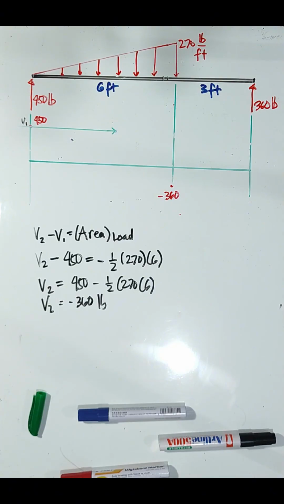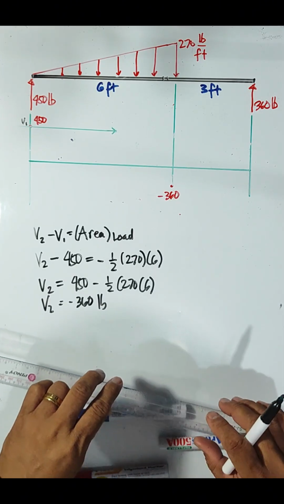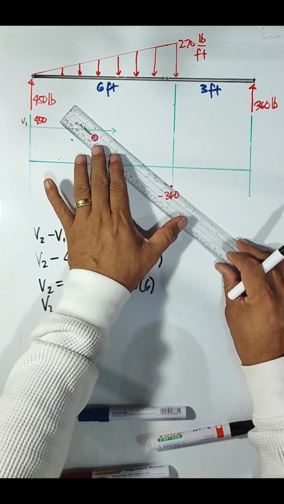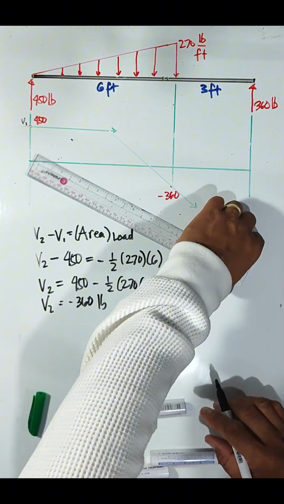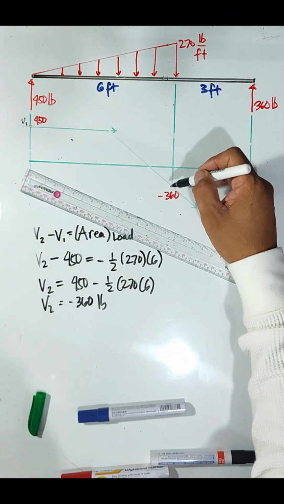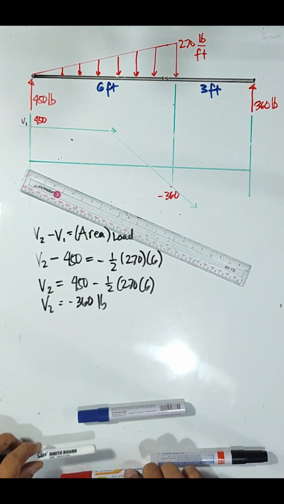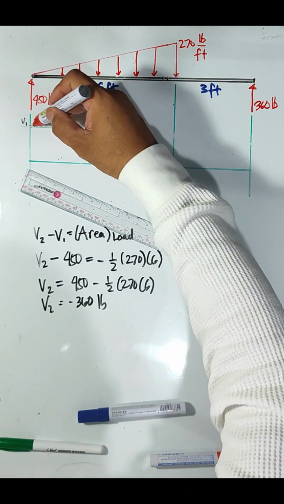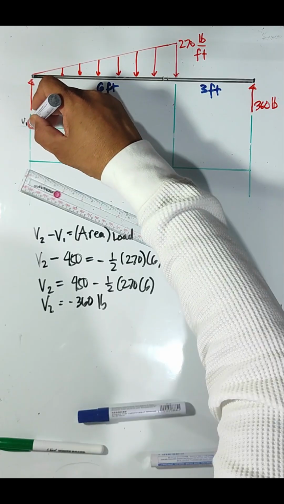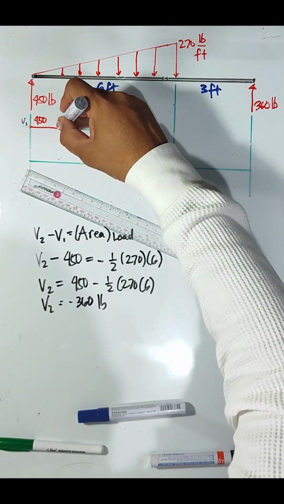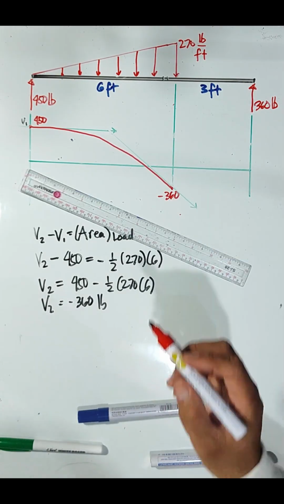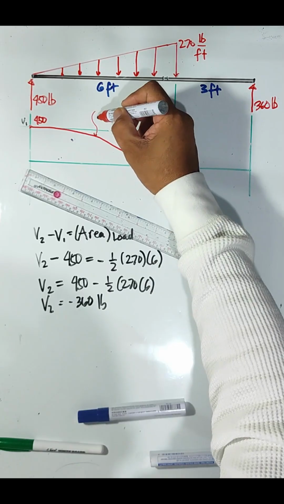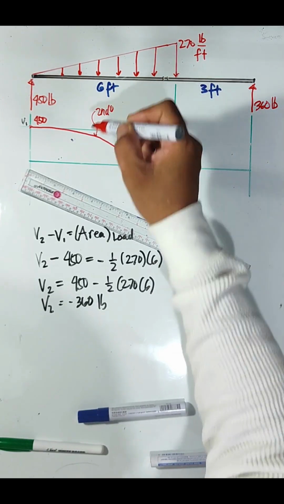Negative slope is going down from left to right. Connecting these 2 points, considering their slope, the diagram would be tangent to this line, and then tangent to this line here. So this is second degree.